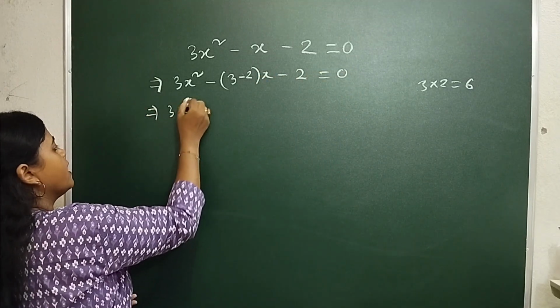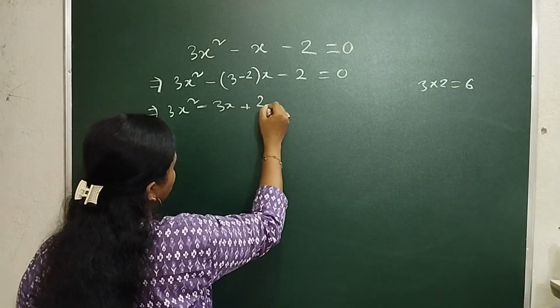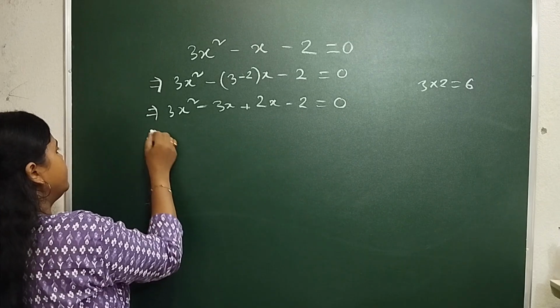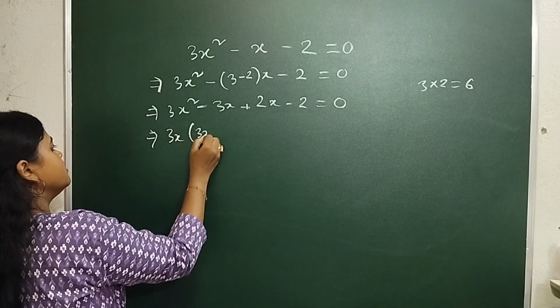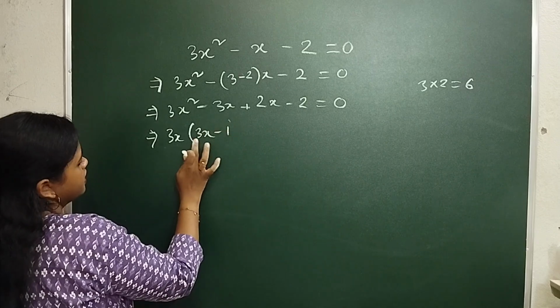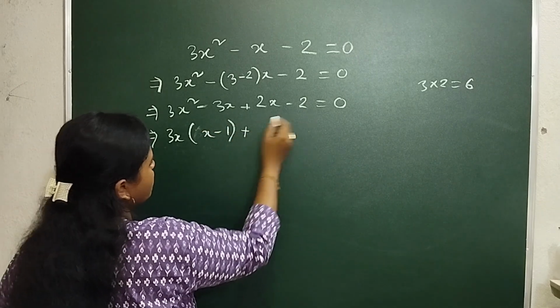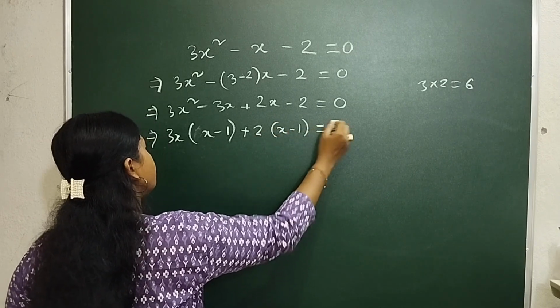So 3x square minus 3x plus 2x minus 2 equals 0. If I take common from these two terms, we get 3x, sorry, this is x only, x minus 1. If I take 2 from these two terms, we get x minus 1 equals 0.